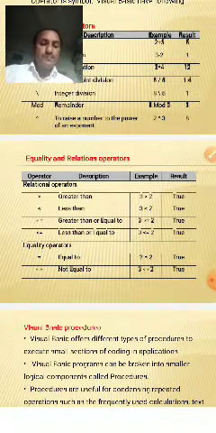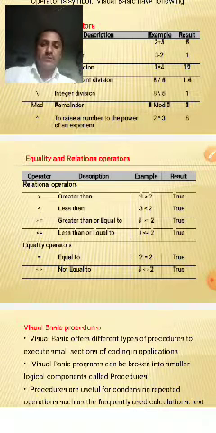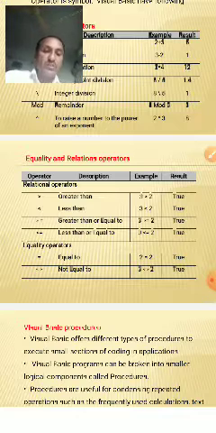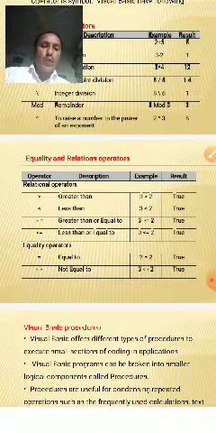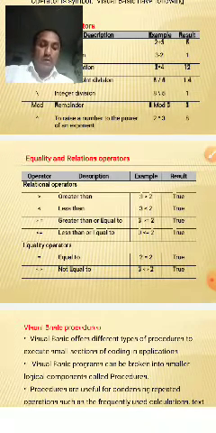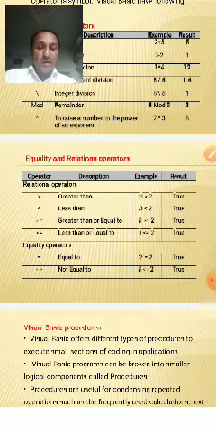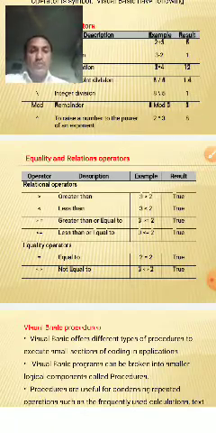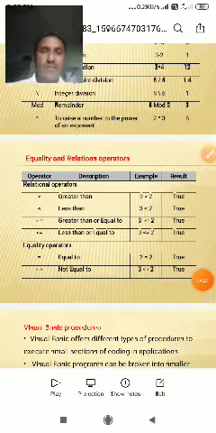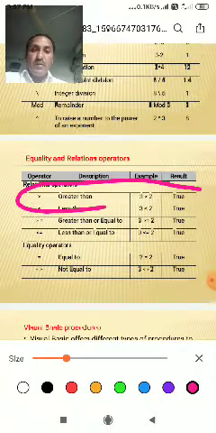Visual Basic compares numeric values using six numeric comparison operators. We take two expressions that are numeric values, and then follow the Visual Basic symbols to choose the operator. First of all, we take greater than.